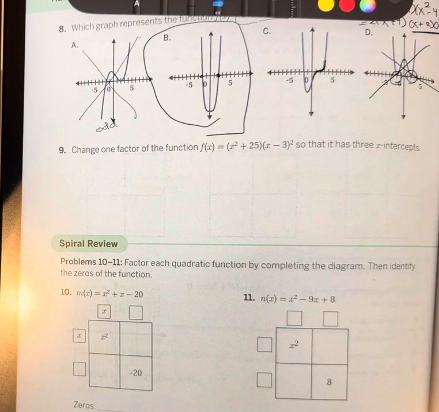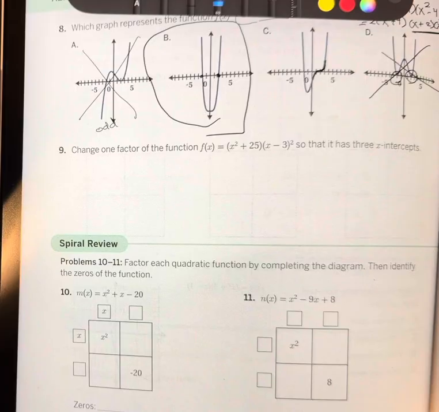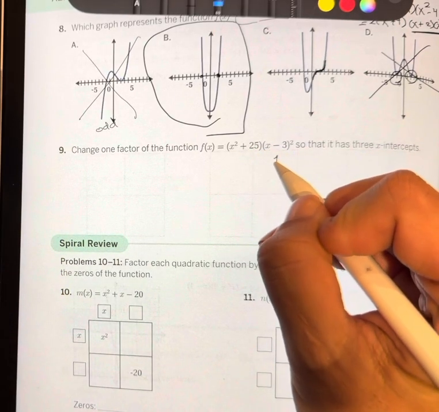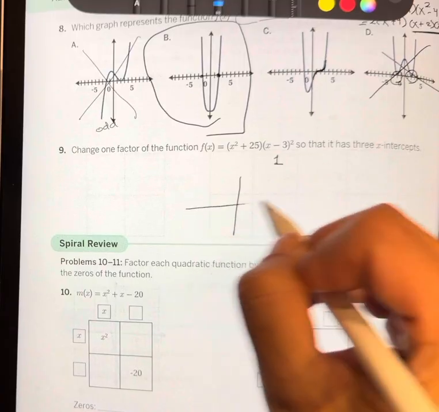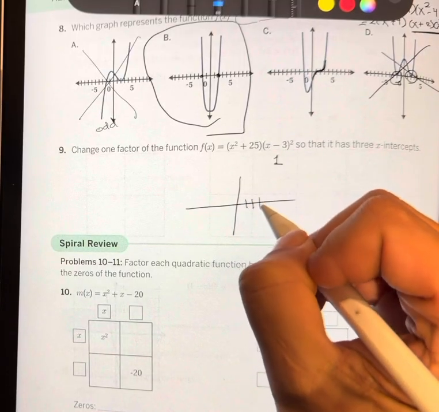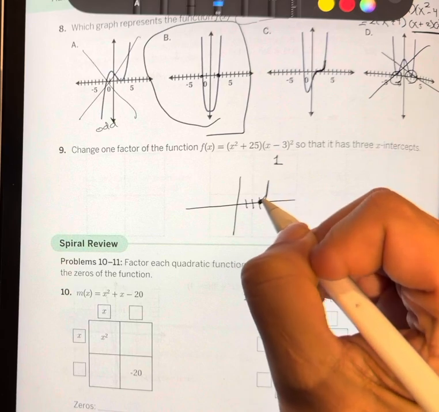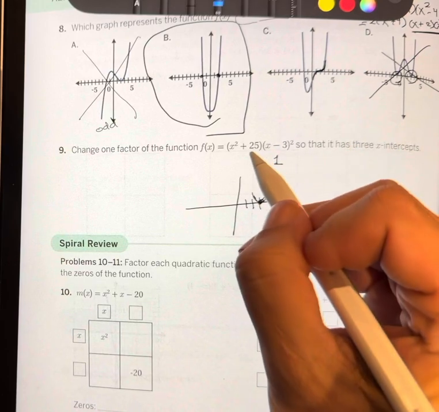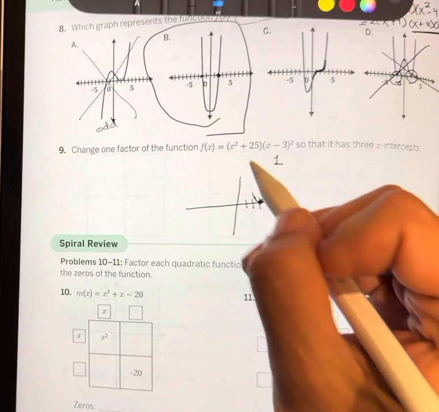We're going to change one factor of the function so that it has 3 x-intercepts. Okay, let's see what it has now. Right now it has 1. This one is fine. At +3, there's this kind of a 0. All right? This right here currently is making imaginary zeros.